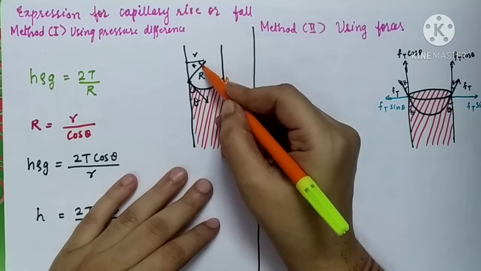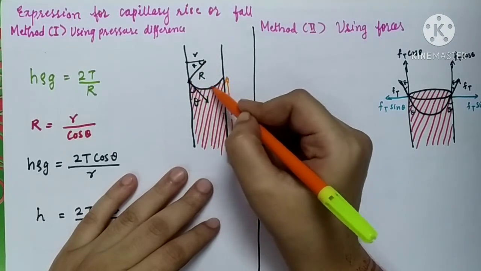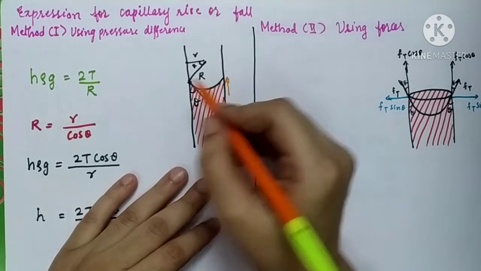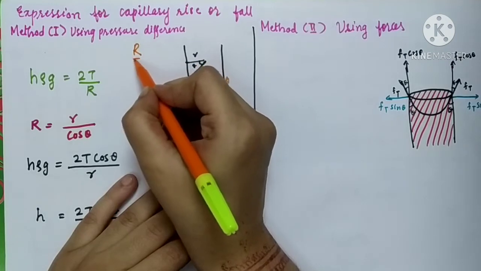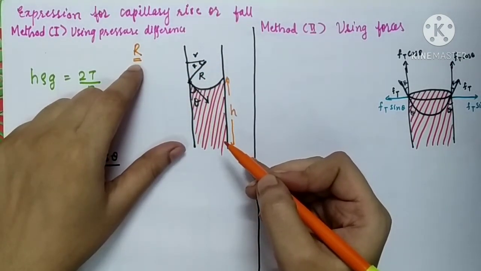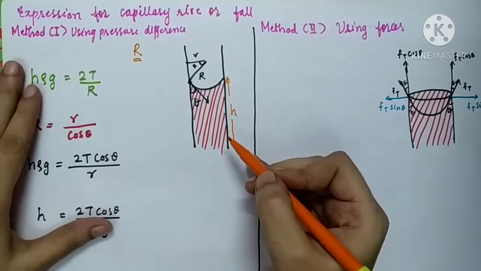So let us draw the radius of this concave surface or radius of this liquid meniscus. Let that radius be capital R. Capital R, please keep it in mind that this capital R is the radius of the concave meniscus that we have taken into account.